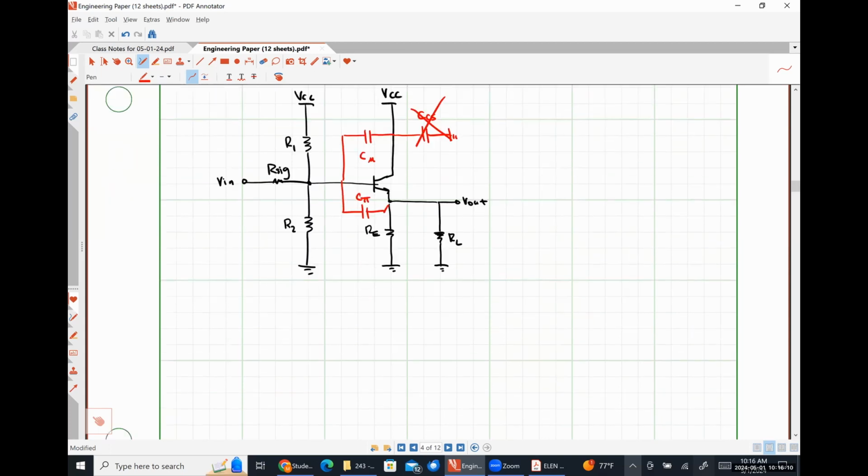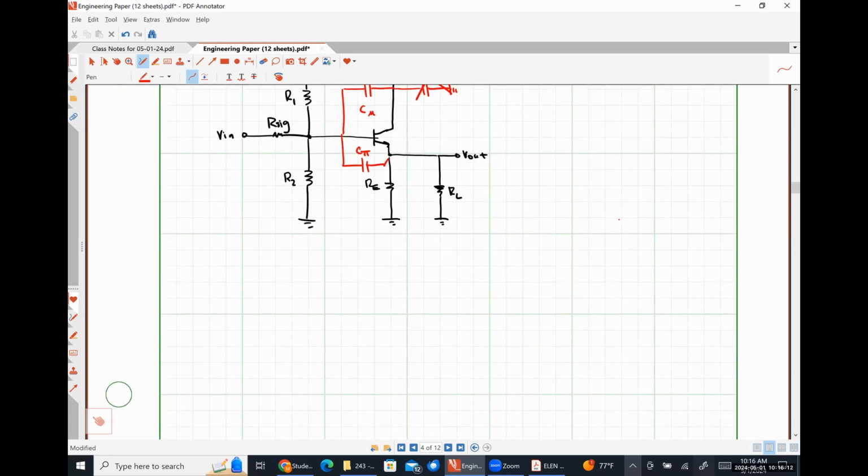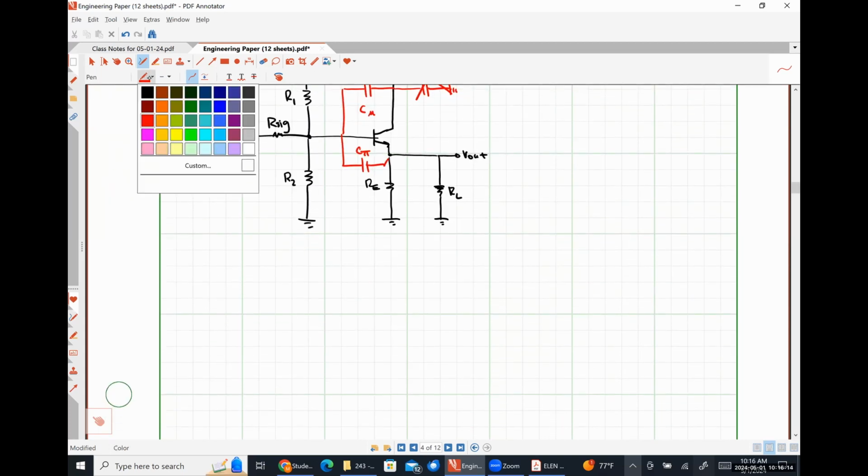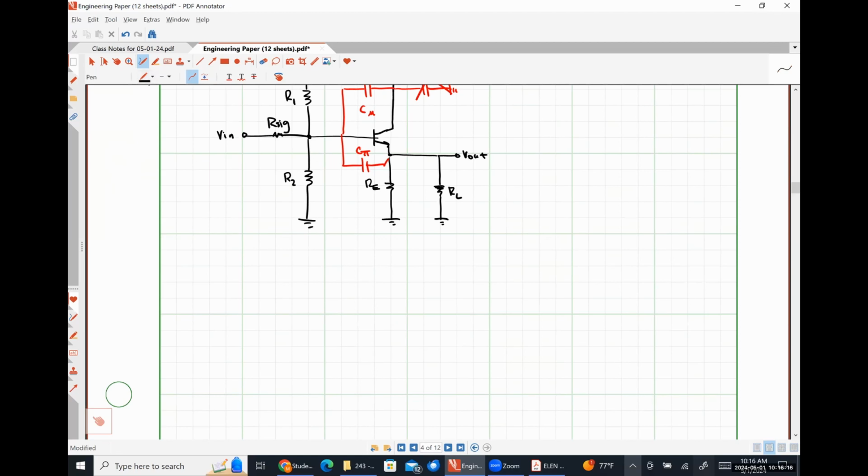So our small signal representation of this circuit should look something like this. So here's Vn, R sig, here's R1 in parallel with R2.